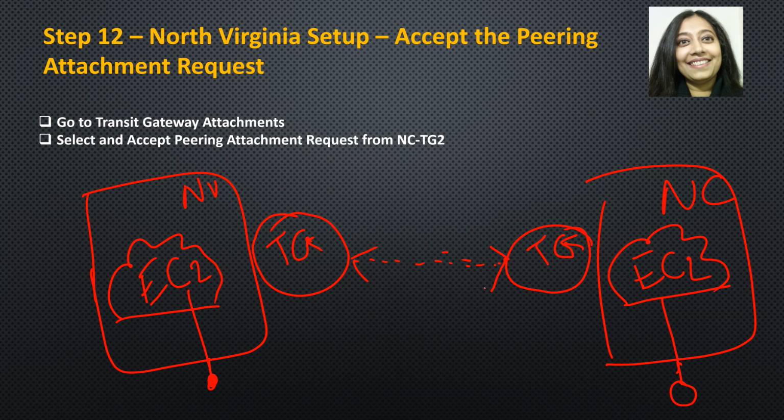This will enable this VPC and this VPC, which are unpeered, to talk with each other, which will in turn enable this EC2 to basically send a telnet request to this EC2. That means it will basically enable both the EC2s to communicate with each other. So I hope that this is clear, right? So we have completed this step.